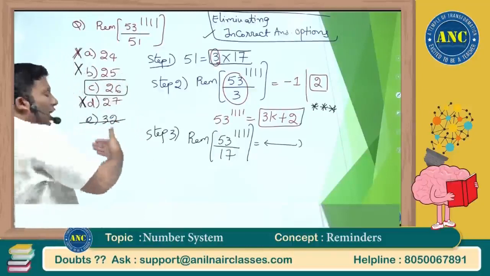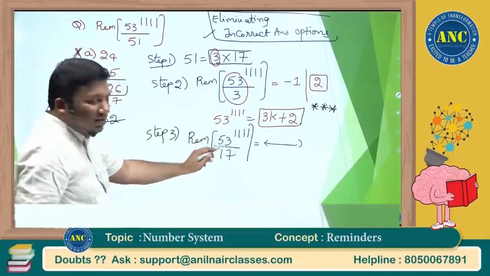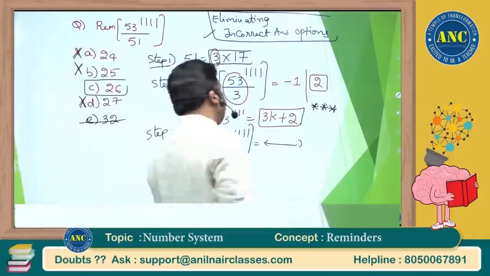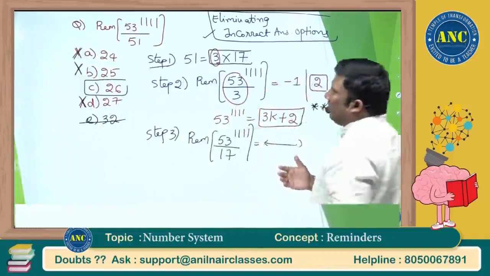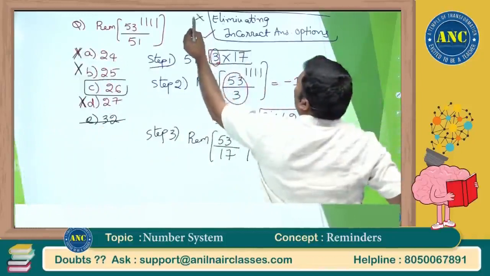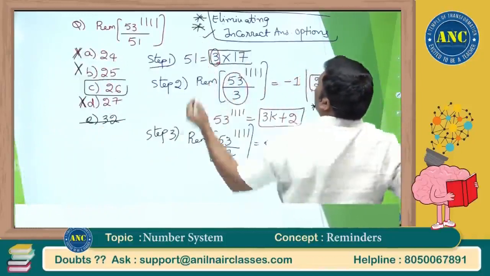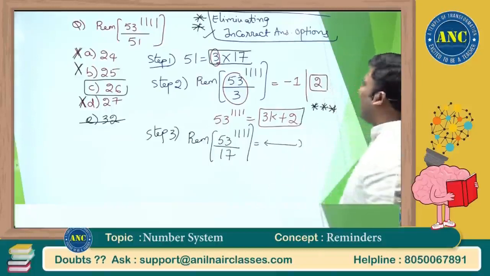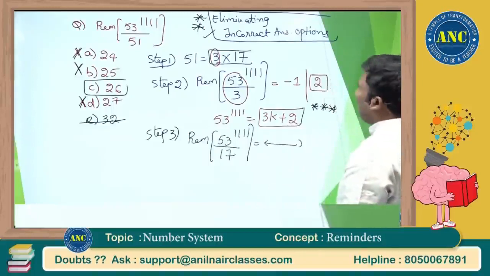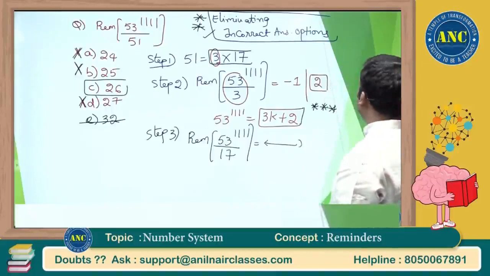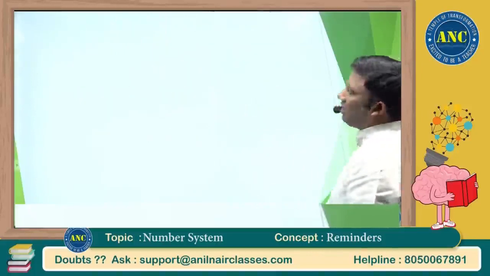If there is one more option, then I will divide by 17 in the traditional method. My entire scope is how to eliminate incorrect answer options. I hope this concept is clear.